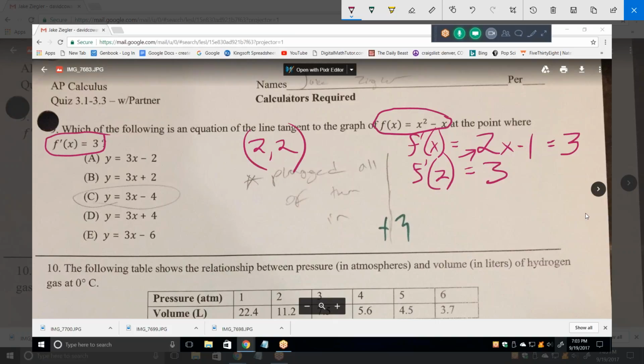Just looking at it, if x is 2, y is 2. Okay? And we know that the slope is 3 at that point, the slope of the tangent line. So let's figure out what the equation of the tangent line is using point slope format. What's the general format for point slope?